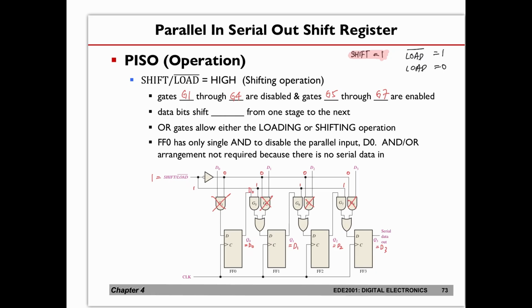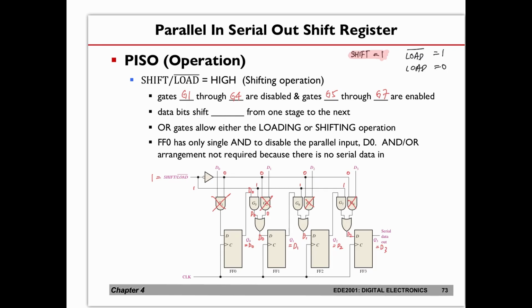And because the other input of the AND gate is already at 1, the output of G5 is just going to depend on what D0 is. And we already know that the output of G2 will be a 0. Then the output of the OR gate after that will just depend on what D0 is. Similarly, we have D1 here and D2 here.